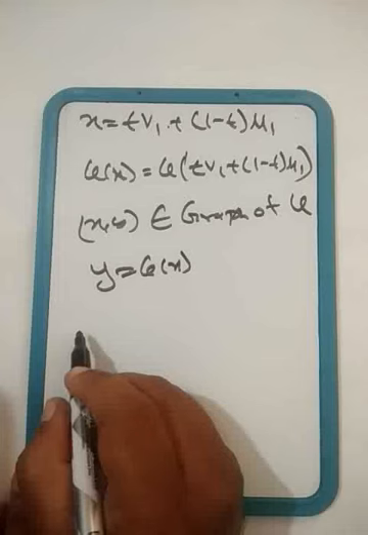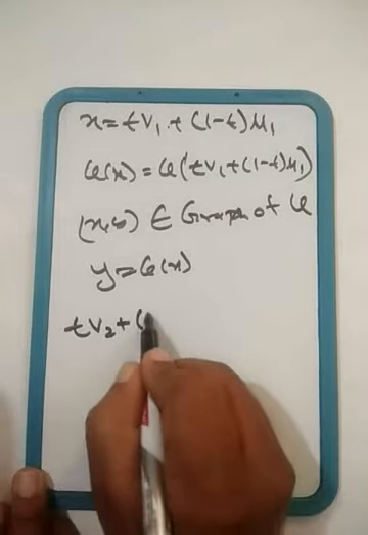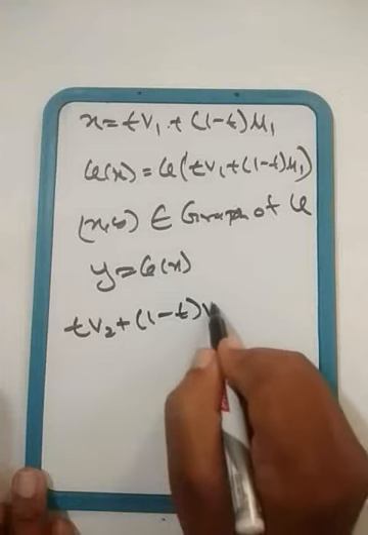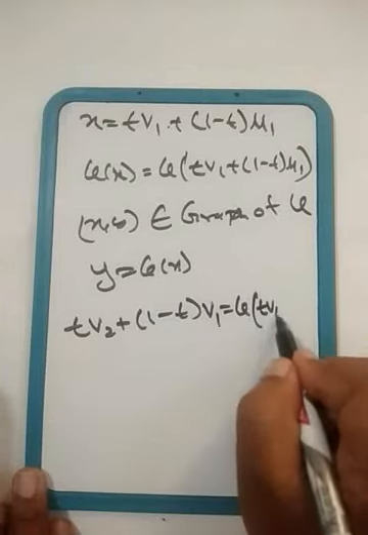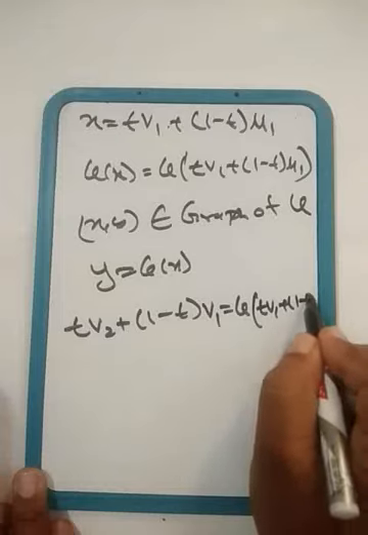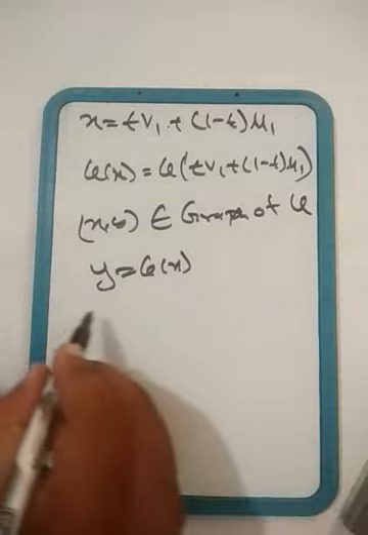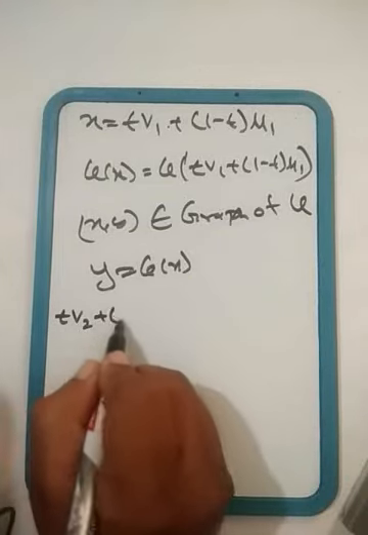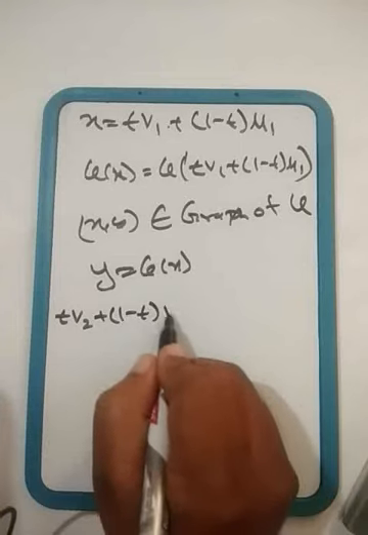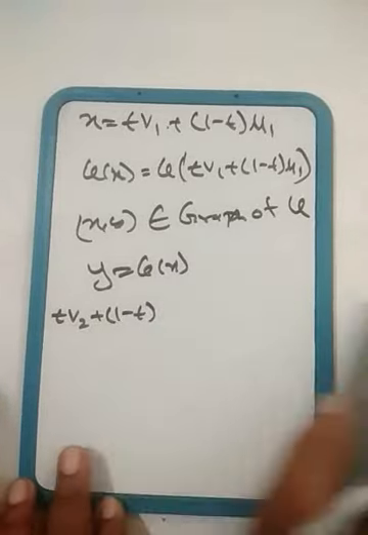But what is y? y is t v2 plus 1 minus t u2. That must be something like phi of t v1 plus 1 minus t u1. Okay, just check what it would be.